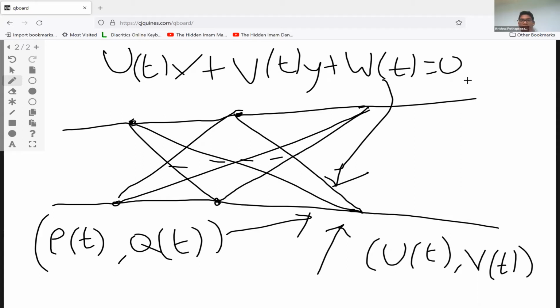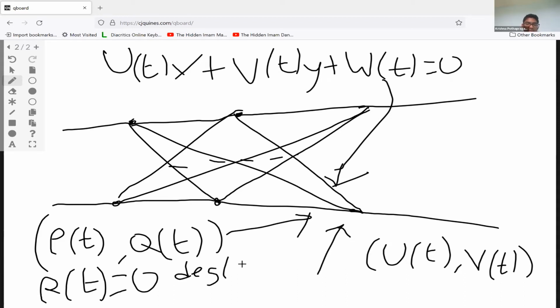And what we eventually get is that the problem is equivalent to showing that some large polynomial, what's a letter I haven't used, R of t equals 0. To show that R of t is indeed 0, we have to show that for degree of R plus 1 values of t, R of t equals 0, and then by the fundamental theorem of algebra or something, R is identically 0.